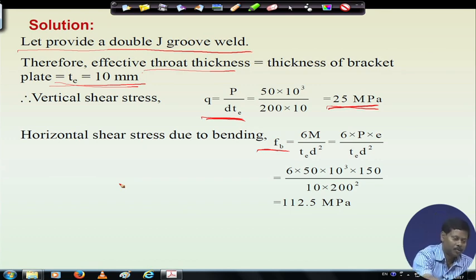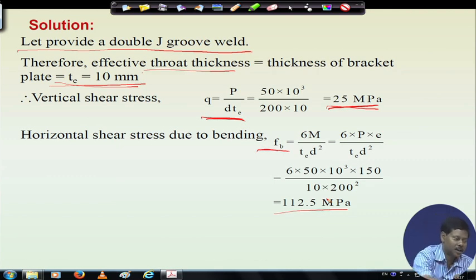If we put the value of individual parameters, like 6 into m, means 50 into 150, by TE is 10 and 200 is D, we will get the horizontal shear stress due to bending as 112.5 MPa.